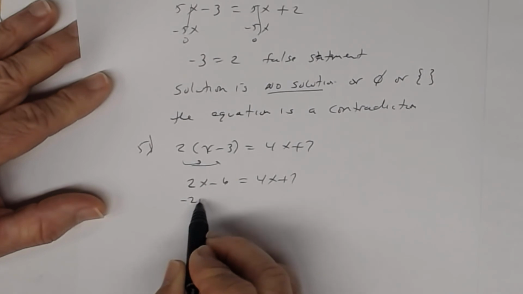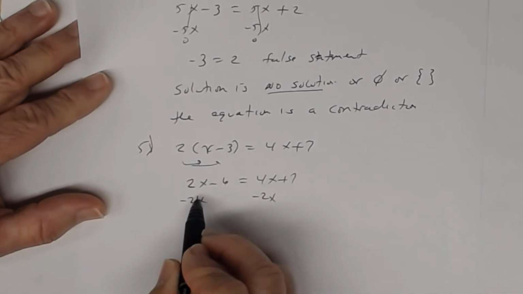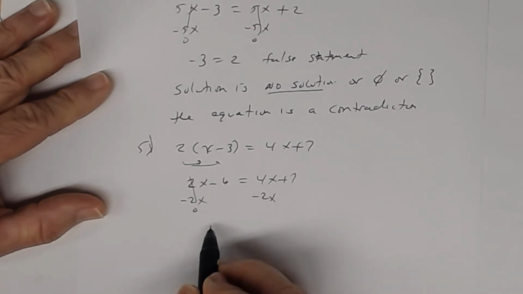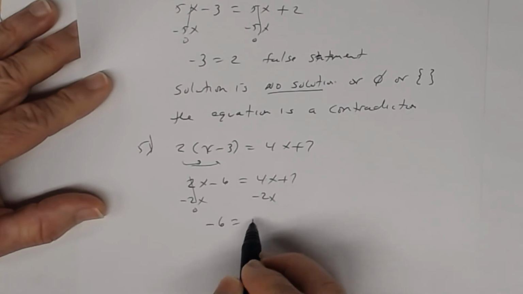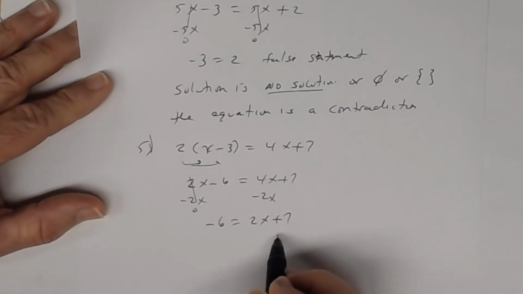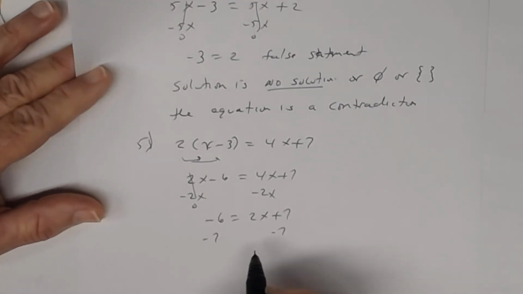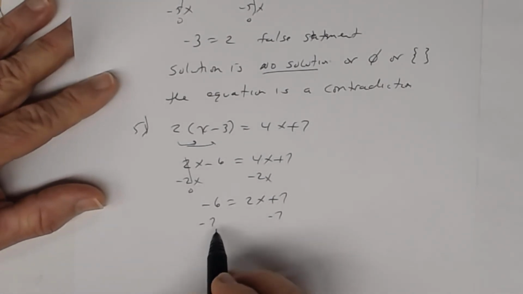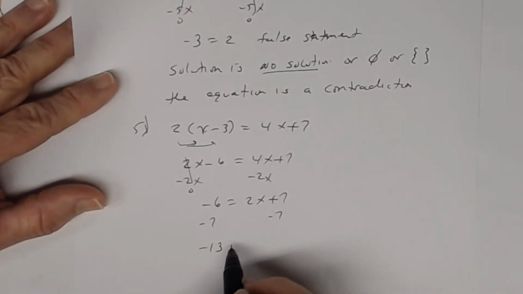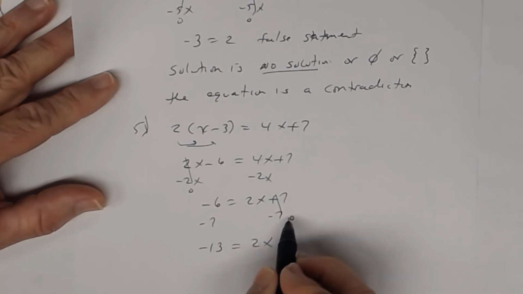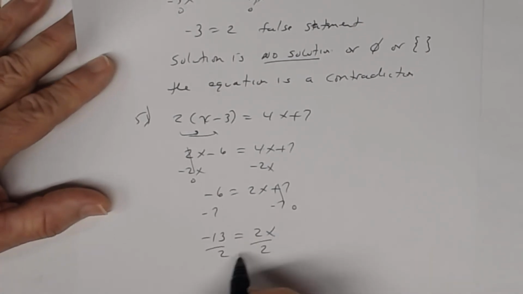Solving for x, I'm going to subtract 2x from both sides. So I get negative 6 equals 4x minus 2x, which is 2x, plus 7. Subtract 7 from both sides. A negative 7 and a negative 6 is a negative 13 equals 2x. Divide both sides by 2. I get x to be negative 13 halves.